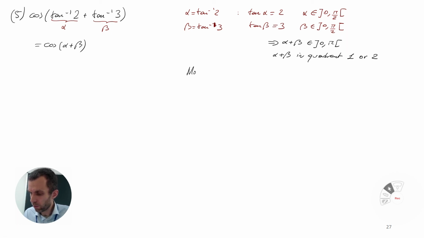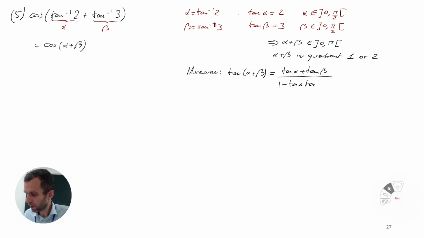And now, moreover, we can look at the tan of alpha plus beta. We have that that's tan alpha plus tan beta divided by 1 minus tan alpha tan beta. And if we substitute the values that we have, 2 and 3, we get 2 plus 3 divided by 1 minus 2 times 3. And that gives us minus 1.